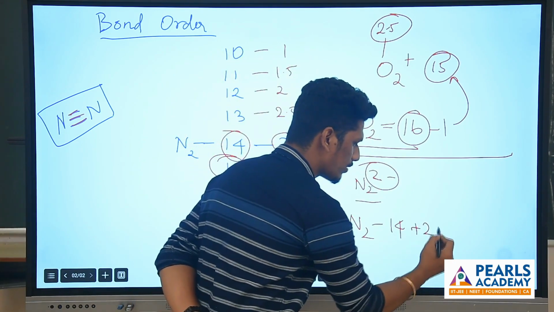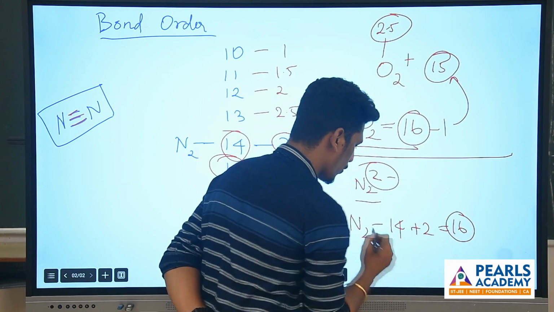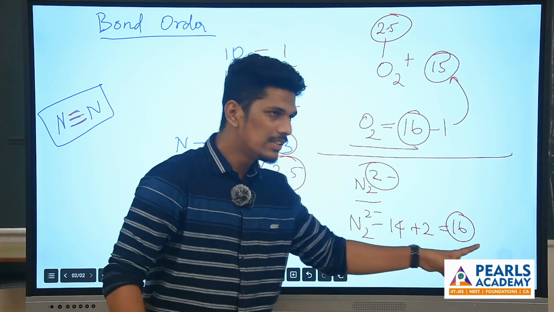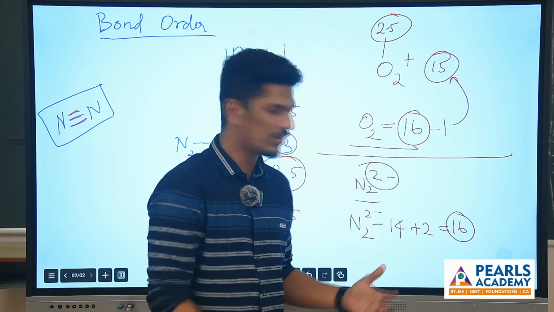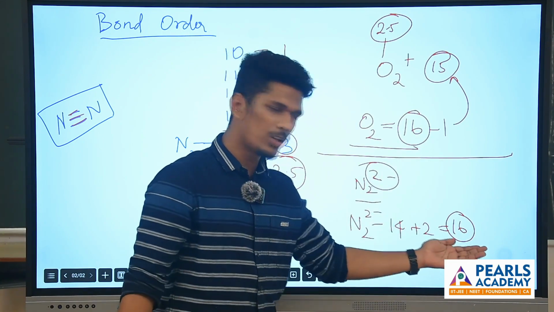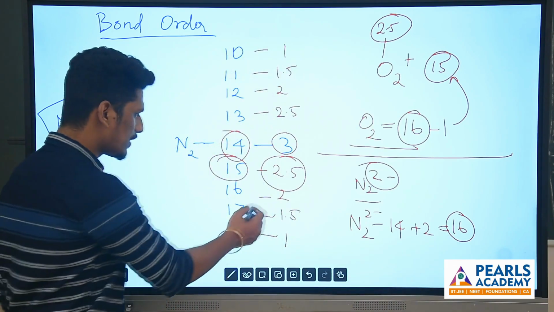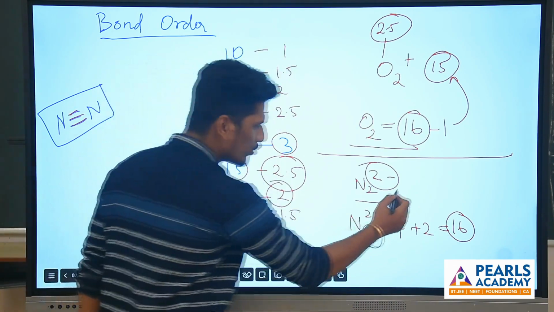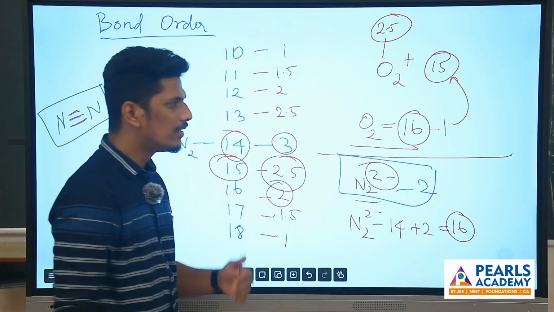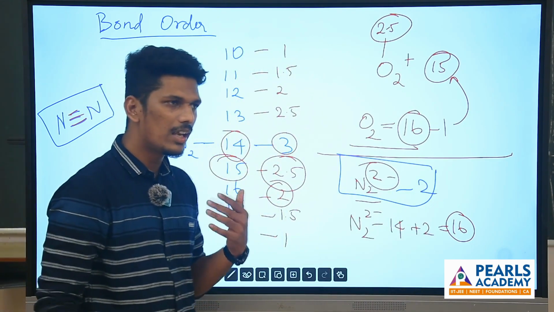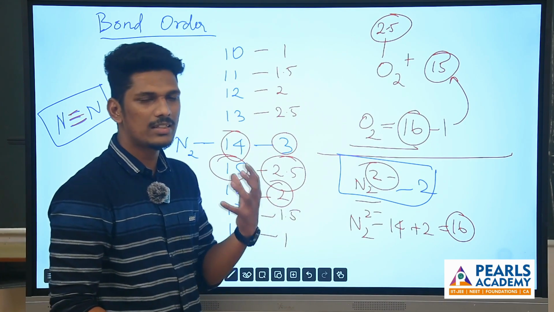So plus 2 electrons, so it is getting 16 electrons. So N2 2 minus is going to have 16 electrons in total. For 16, the value is 2. So the N2 2 minus value is going to be 2. This is how you can find the bond order of each and every diatomic molecule.